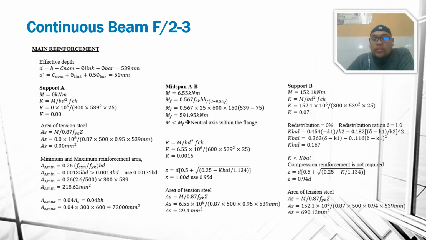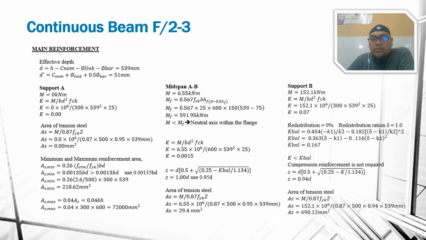For the main reinforcement, I divide it into parts which are support, mid-span and support, and repeated along the span. For support A, there is no moment, which means there is no As required there.